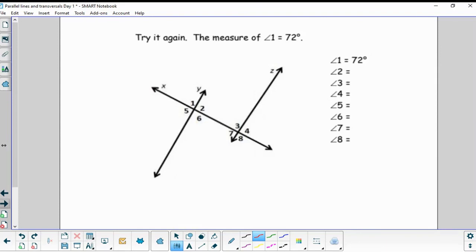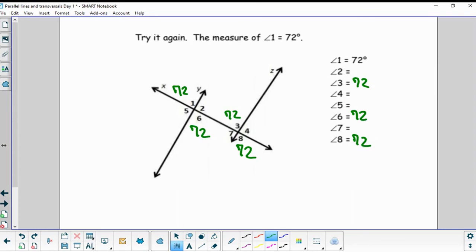Here's another diagram. Angle 1 is 72, so that means the angle across from it, angle 6, is also going to be 72. The corresponding angle in the same position is angle 3 at 72, and its vertical angle is angle 8. So angles 1, 6, 3, and 8 are all 72-degree angles.